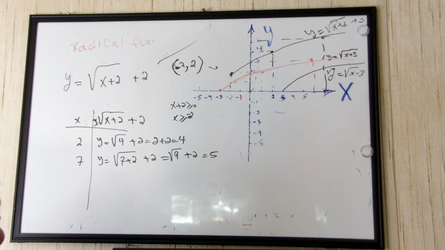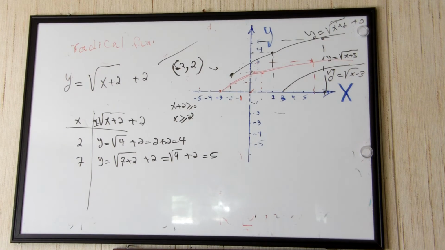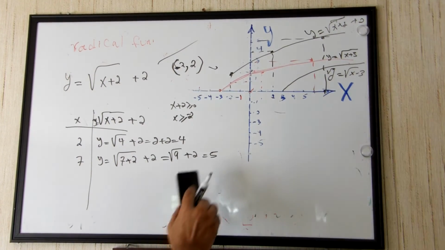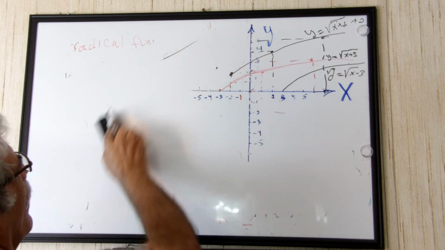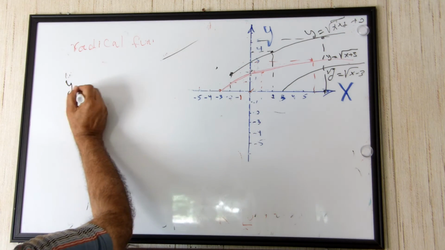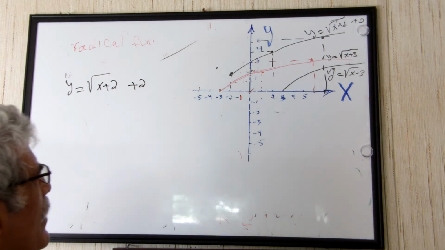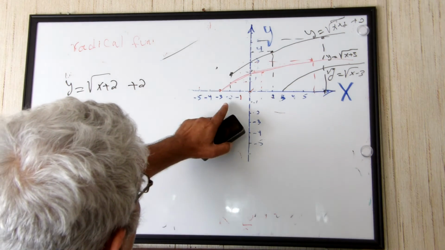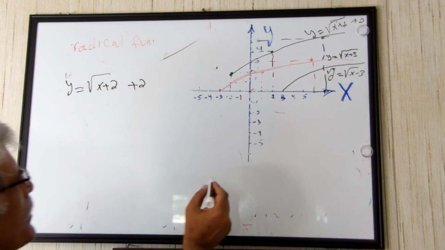How do we find the domain and range of these? Let's take y equals the square root of x plus 2, plus 2. What is the domain and range?